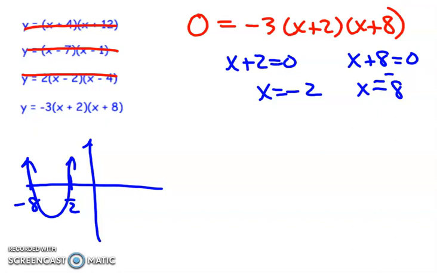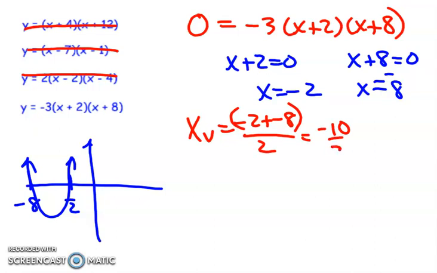To find the x value of the vertex, we're going to take our two answers, add them together, and then divide by 2. So negative 10 divided by 2 is negative 5. The x value of the vertex will be at negative 5, comma something.